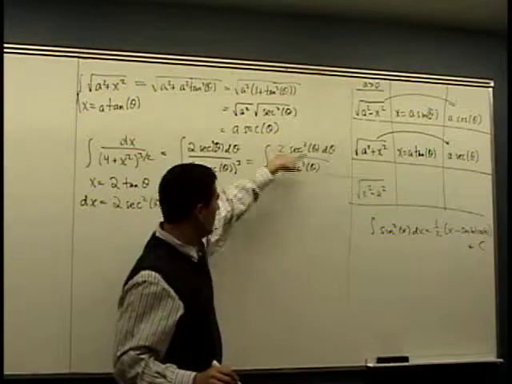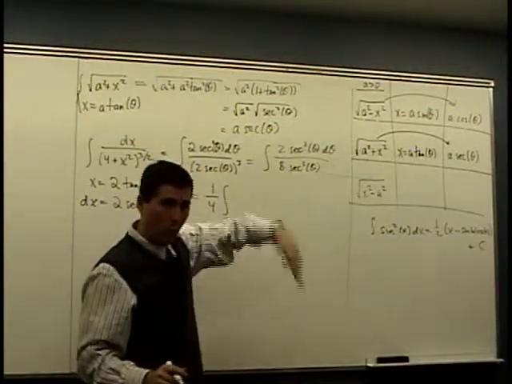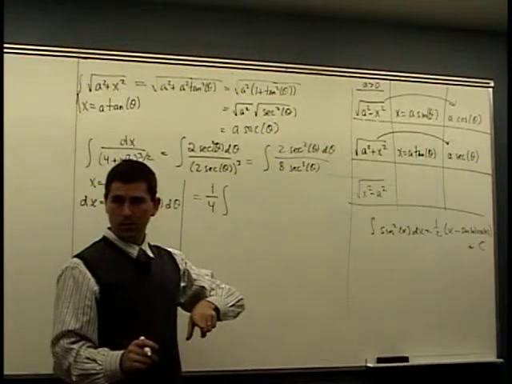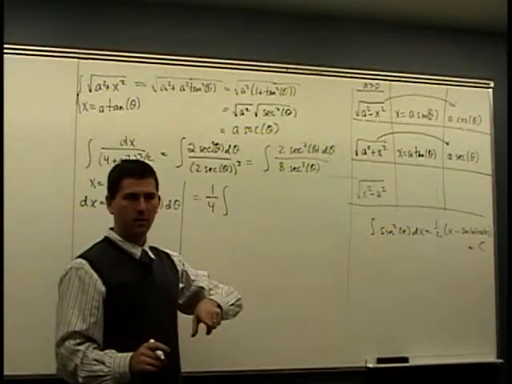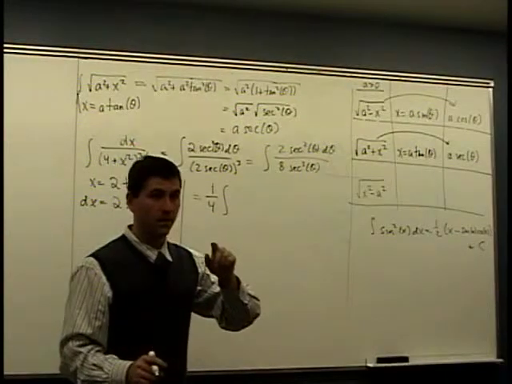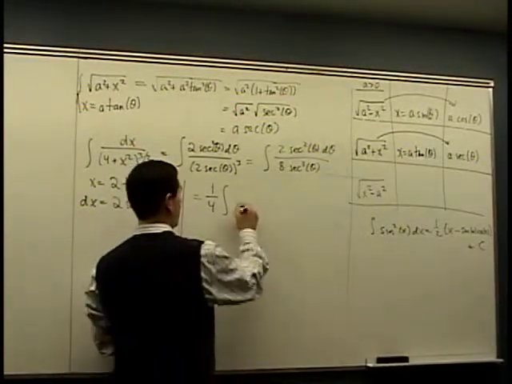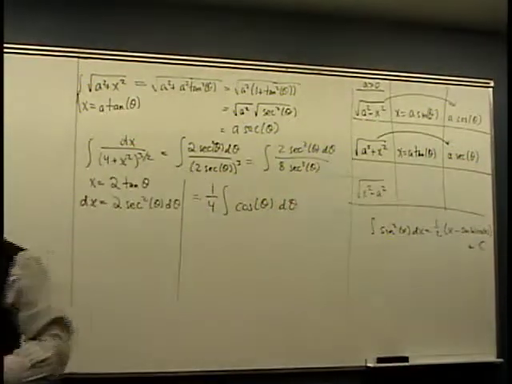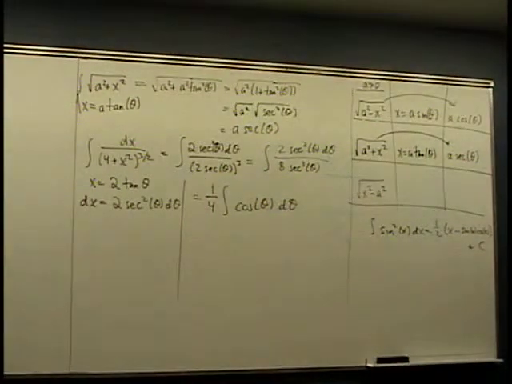I have a secant squared on the top, a secant cubed on the bottom, so they cancel. And I get 1 over secant, which is, what? Cosine. Cosine, yeah.